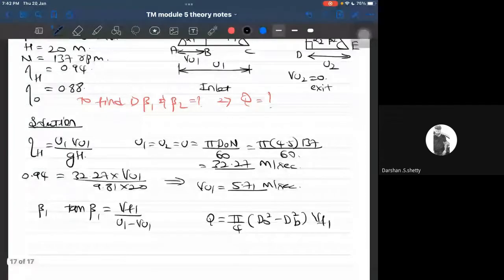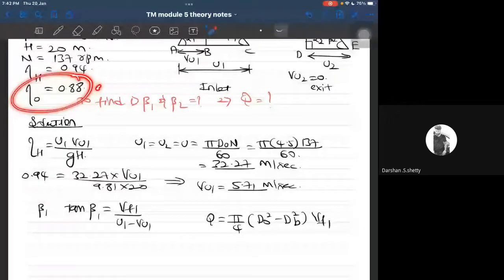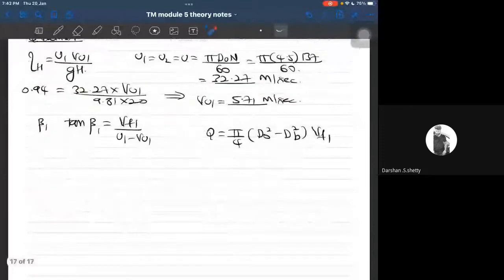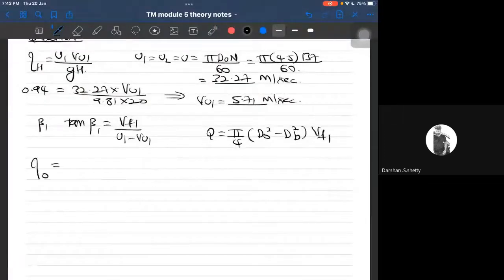You have to pick that particular value now. So what is overall efficiency? Overall efficiency is equal to, you know this already, shaft power divided by water power. So shaft power he has given, which is P, and water power is rho G Q H.